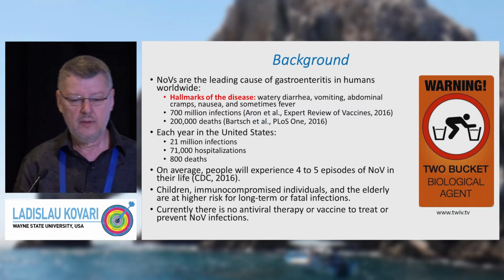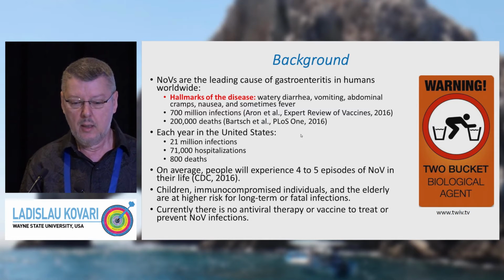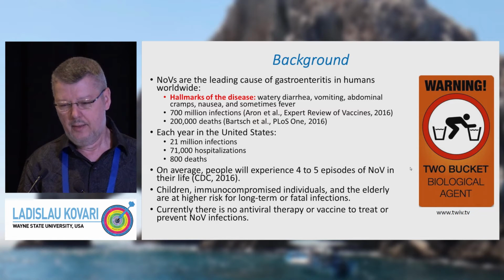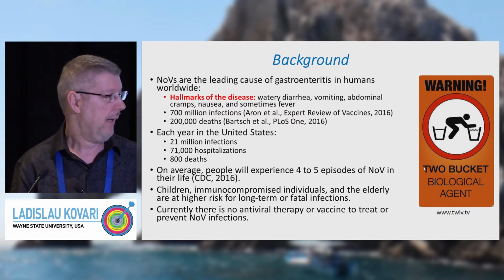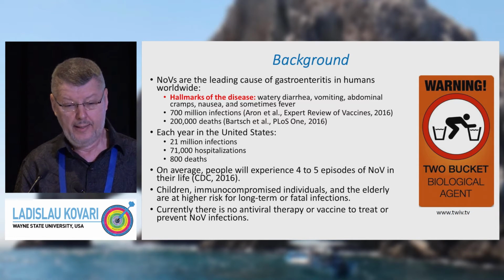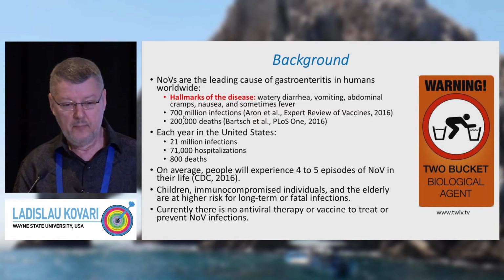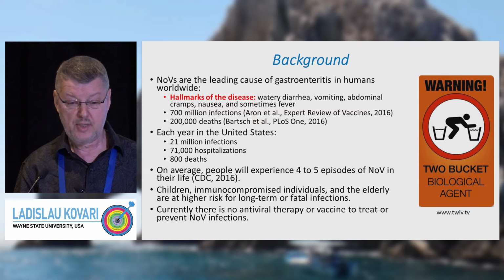The hallmark of the disease is watery diarrhea and vomiting. Therefore, norovirus is described as a two-bucket biological agent. There are about 700 million infections worldwide, resulting in about 200,000 deaths.